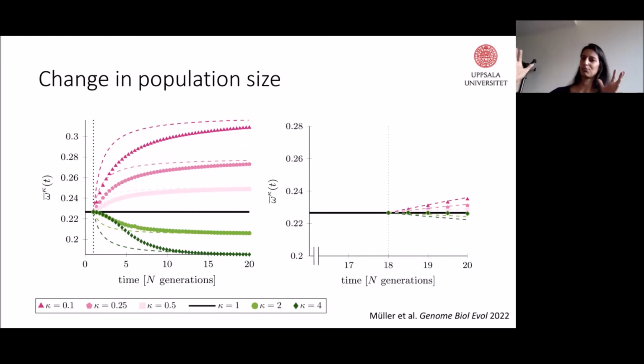It has a smaller population size, but if this happened very recently, we will not see it in our estimate of selection. If we use omega as an estimate of selection, we will not observe a change in the efficacy of selection. We only observe changes in the efficacy of selection using omega if the change in population size happened quite far in the past.